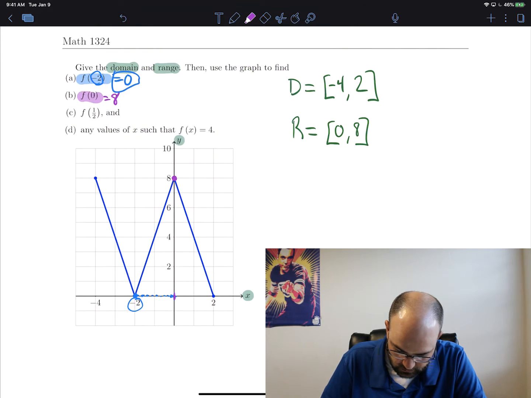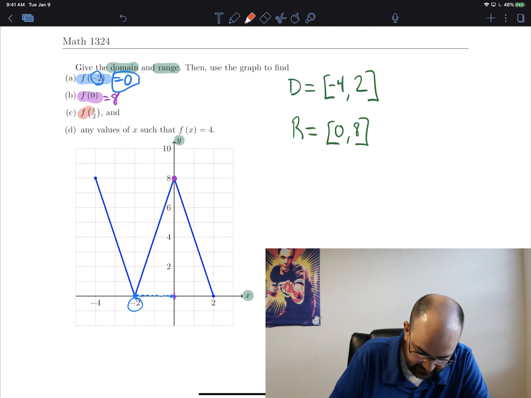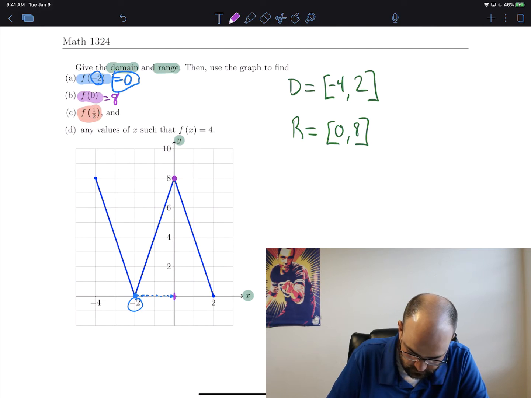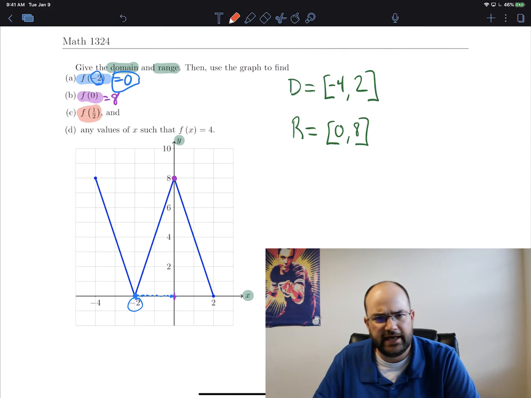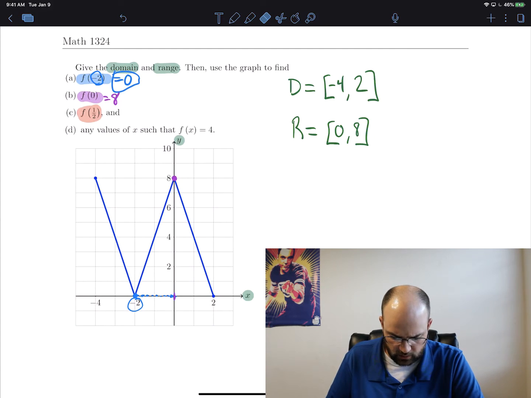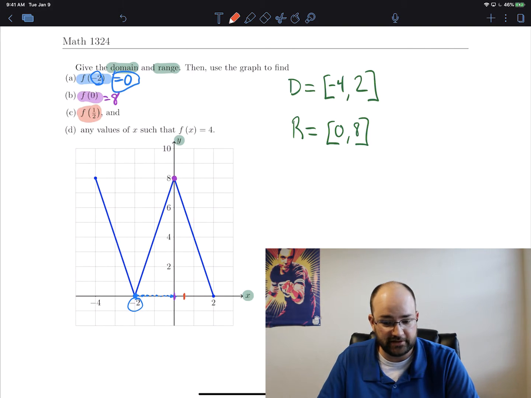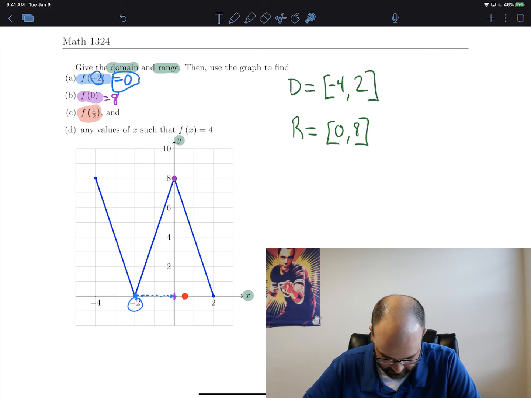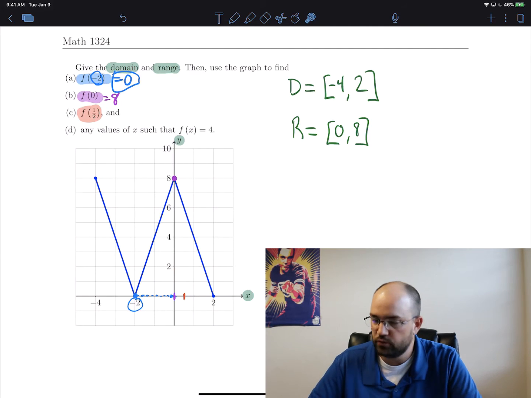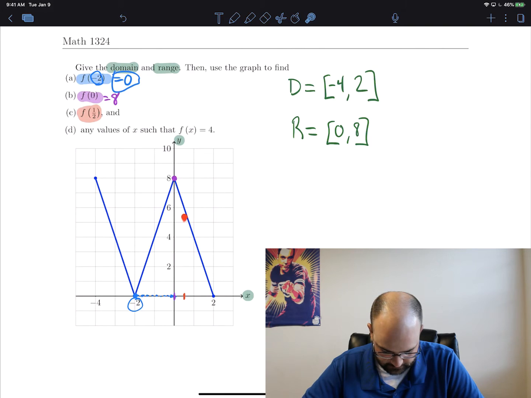Okay, so now let's look at f of negative 2. Sorry, f of a half, my apologies. Now, 1/2 is halfway between 0 and 1. I know, it's crazy talk. So start there, and then go above or below, whichever way you have to go to get to the graph. So here we have to go above.